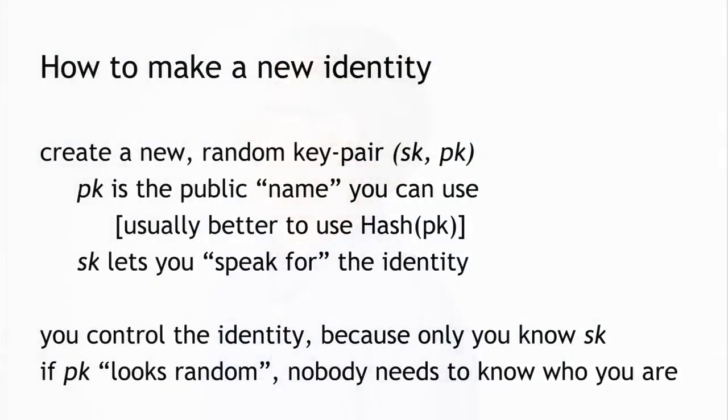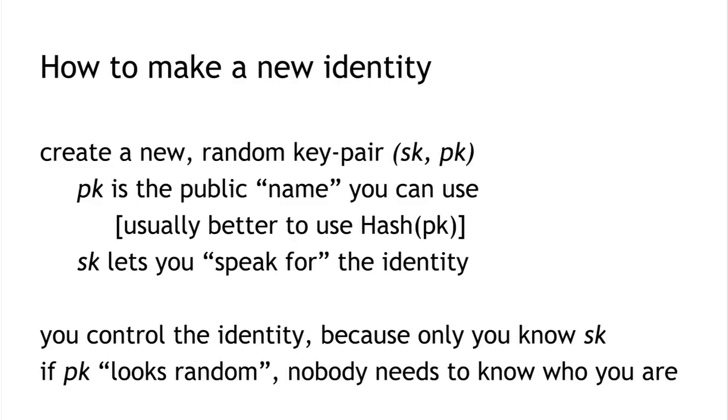That means there is an identity in the system which only you can speak for, and of course that's what you want an identity to be, something that one person can speak for, that everybody can see.